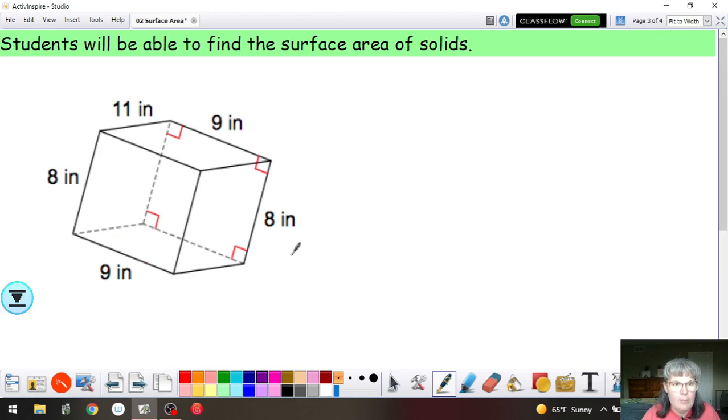Our next shape is a rectangular prism, and we see that we have two bases, a top and a bottom, that are going to have dimensions of 11 by 9.